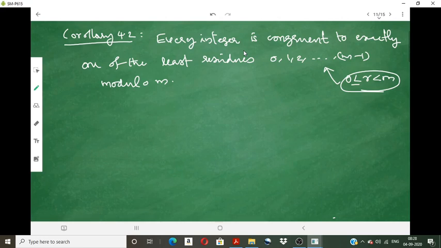Next we are going to prove a result in which this corollary is used.